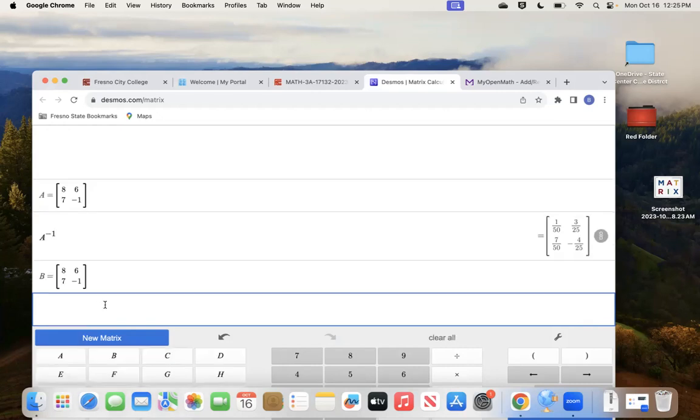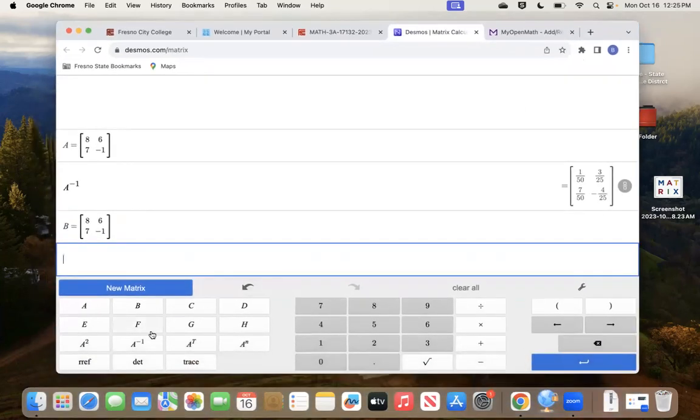It's got matrix B, and I'm going to come down here and say, okay, take matrix B. I'm going to hit B because I have it as B. Now, if you had it as A, in the first case I did it as A, this is my second trial. Hit B and then hit this inverse. I know it says A inverse, but it means whatever your matrix is, inverse. And there it is. There's our answer.